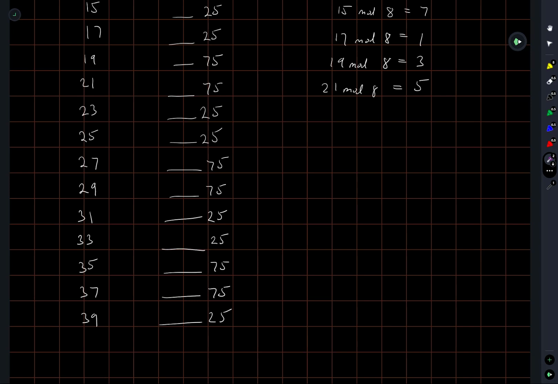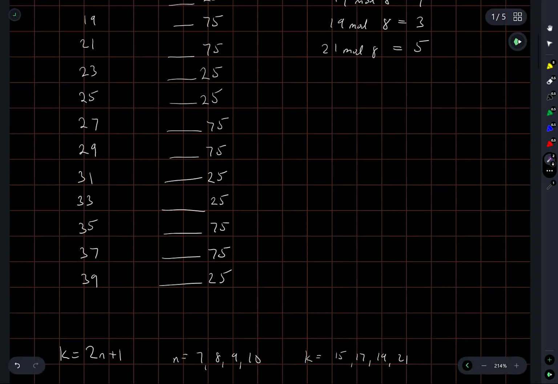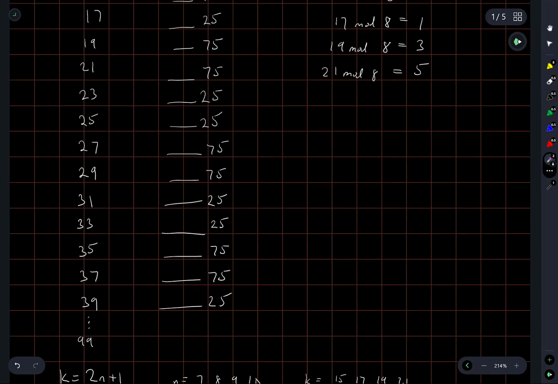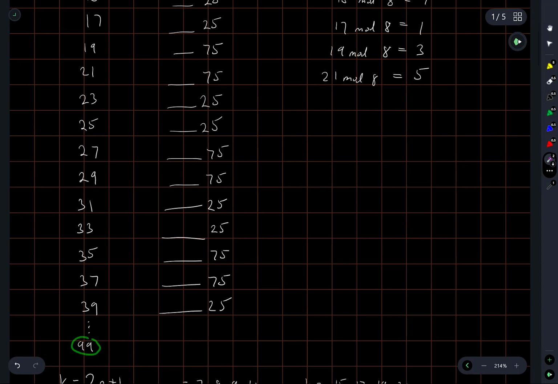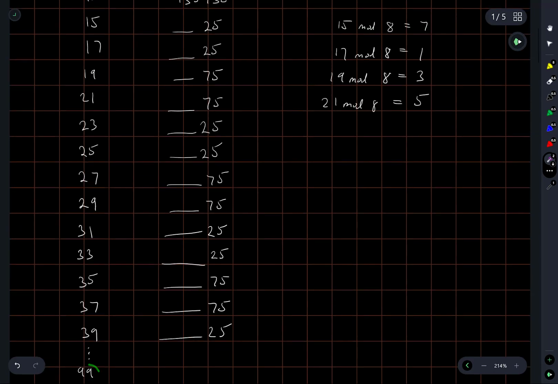Because then, if we continue this up to 99, the product up to 99 would be the same as the product of all the odd numbers less than a million. But we can move down in multiples of 8 from this. So in fact, if I just subtract 80 from this, I get to 19, and we're already in the pattern.